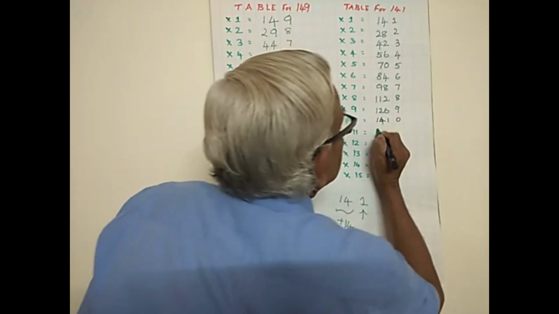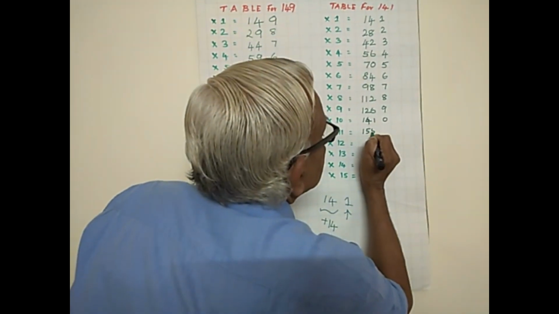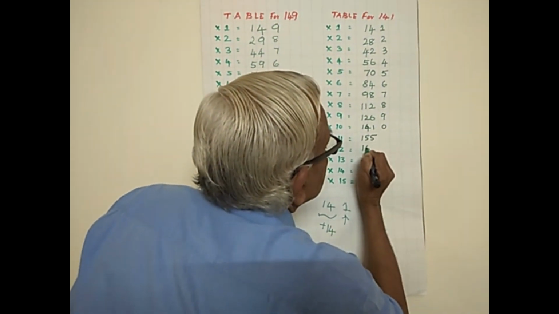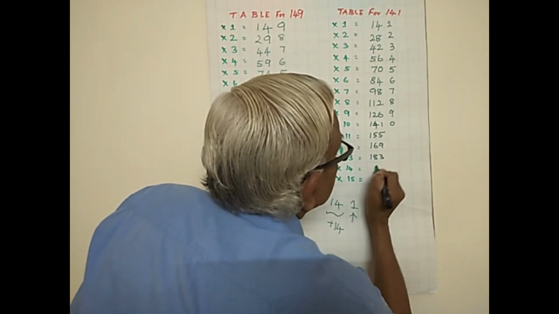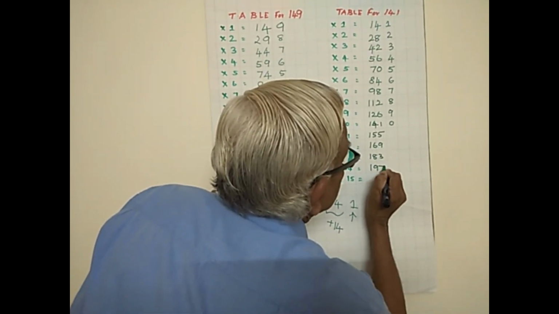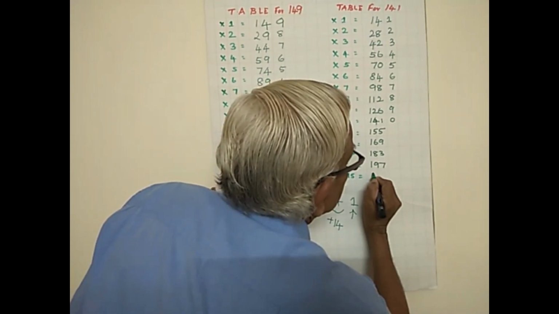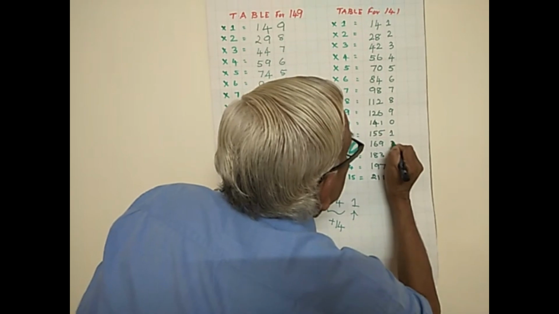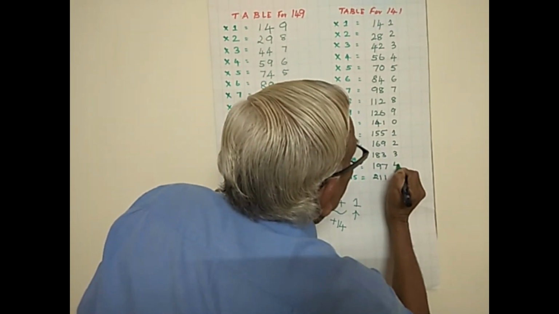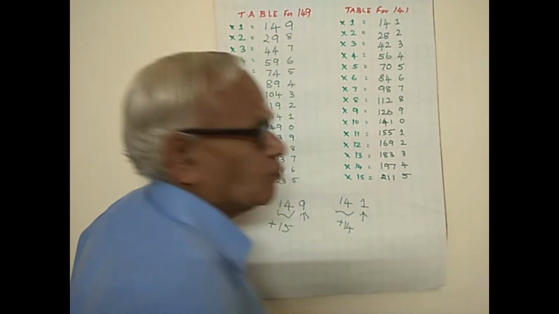Now after this I will have to add 14 again, with unit digits 1, 2, 3, 4, 5.